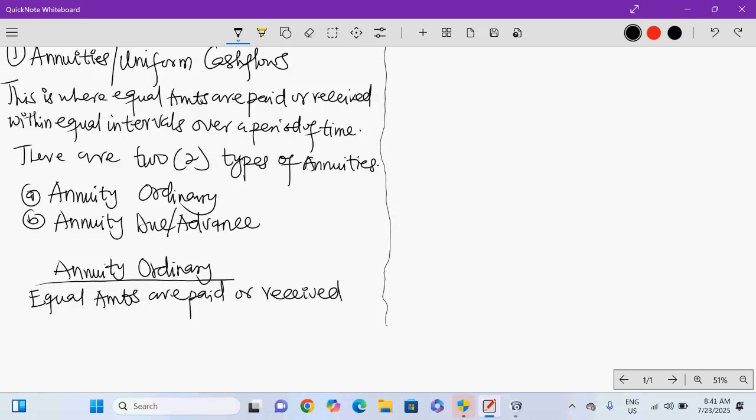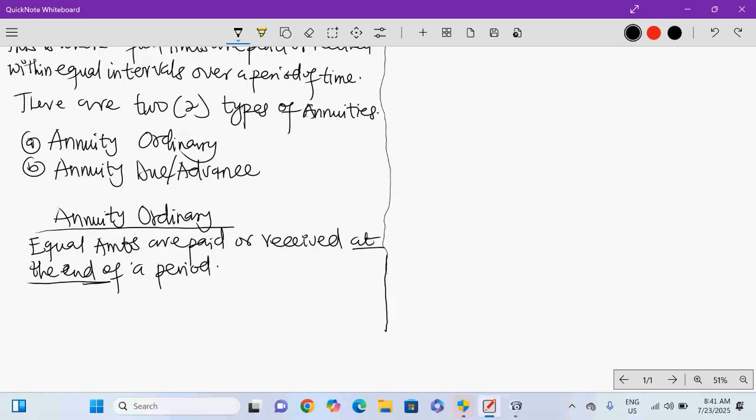So that is the ordinary annuity. Here the key word is at the end, at the end of the period.